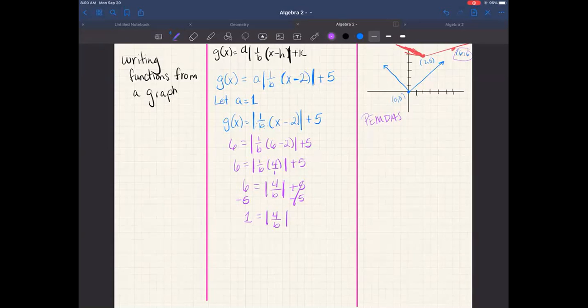So now, remember, we have to do our 2 absolute value equations with this 4 over B. So my options are 1 is equal to positive 4 over B, and 1 is equal to negative 4 over B. Okay, now what do I do?